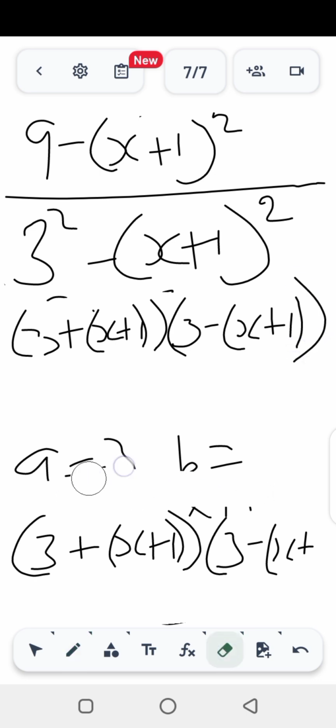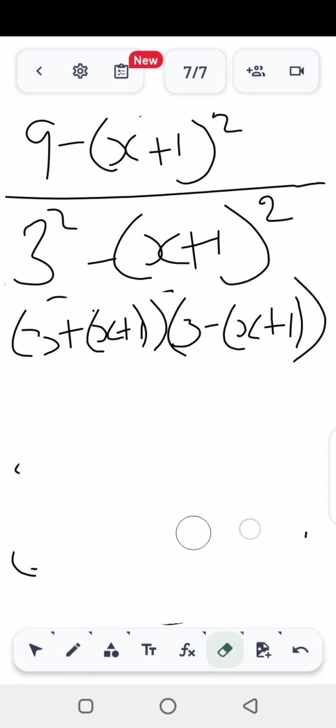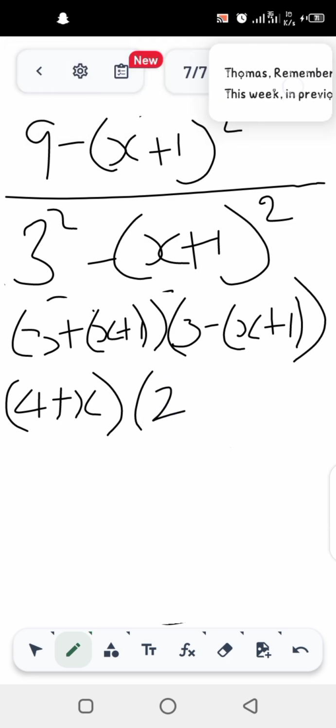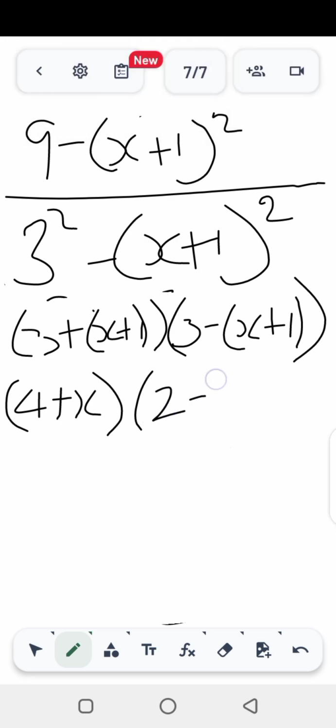Now when we simplify this, what we have in the first bracket will be 3 plus 1, so this will give us 4 plus x, and then this side will give us 2 minus x as your final answer.